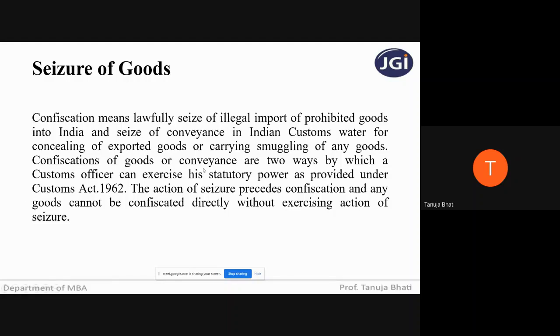Confiscation of goods or conveyance are two ways by which a customs authority can exercise his statutory power as provided under the Customs Act 1962.